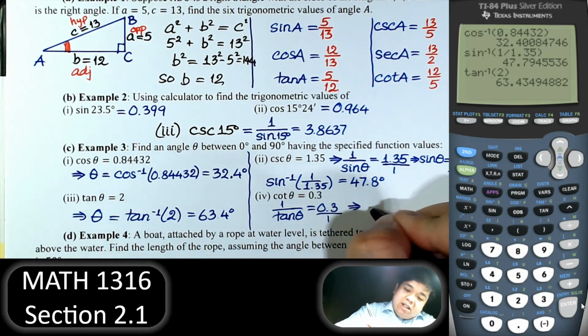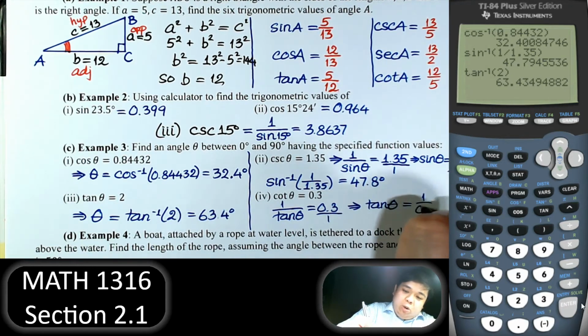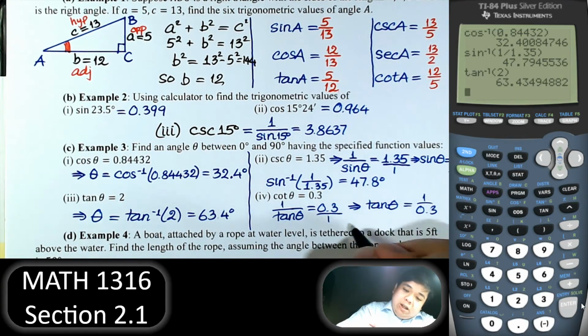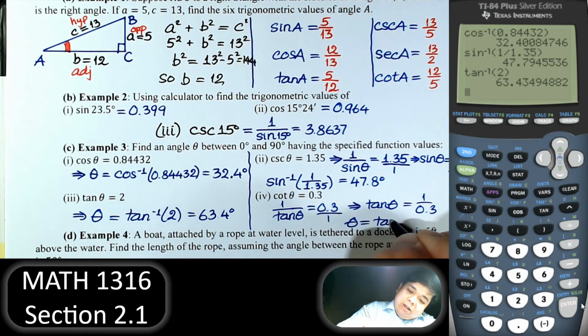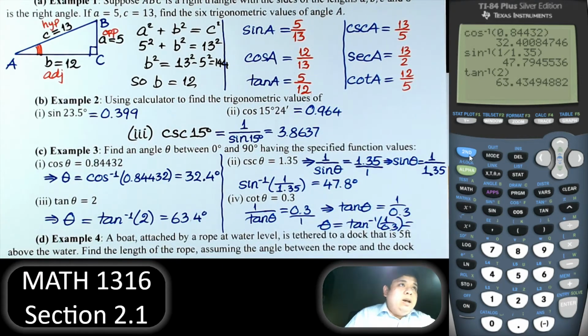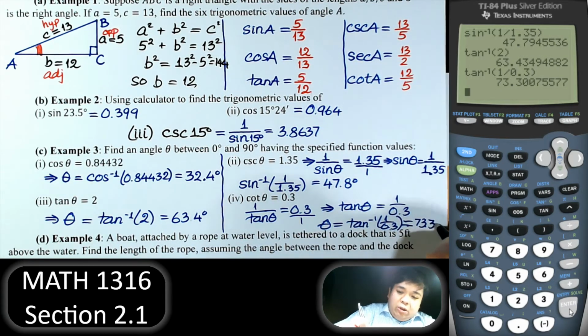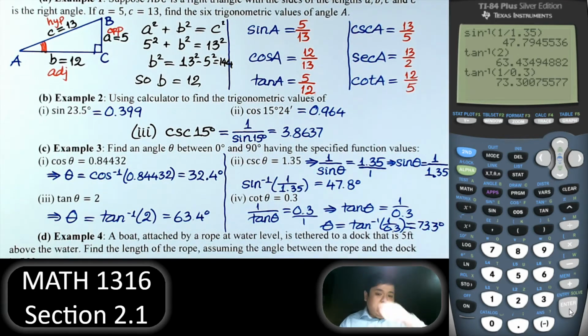So we're going to flip that. Tangent is 1 over 0.3, and so theta is equal to tangent inverse of 1 over 0.3. So tangent inverse of 1 over 0.3 is 73.3 degrees.